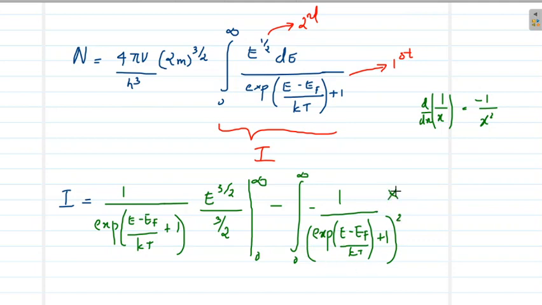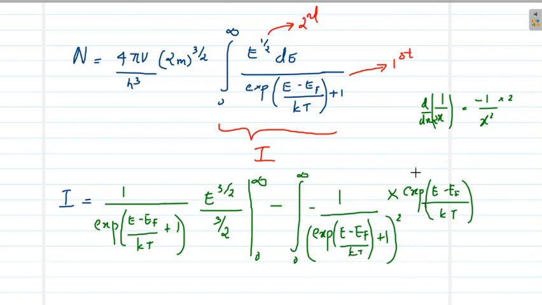So into the derivative of exponential of (E minus EF) by kT plus 1, which is exponential of (E minus EF) by kT. The derivative of 1 is 0.